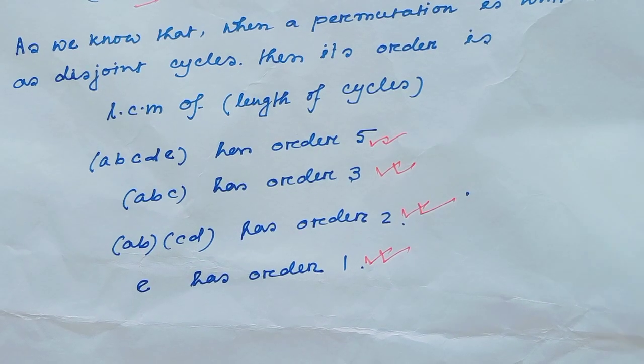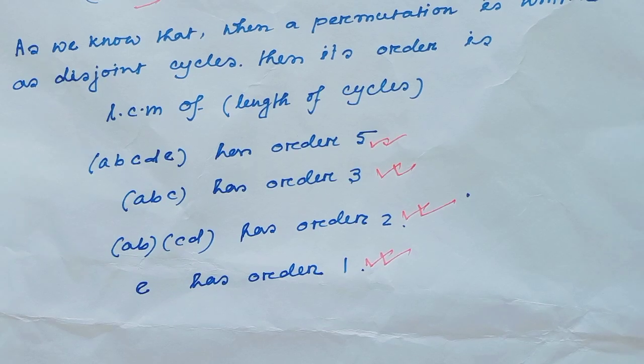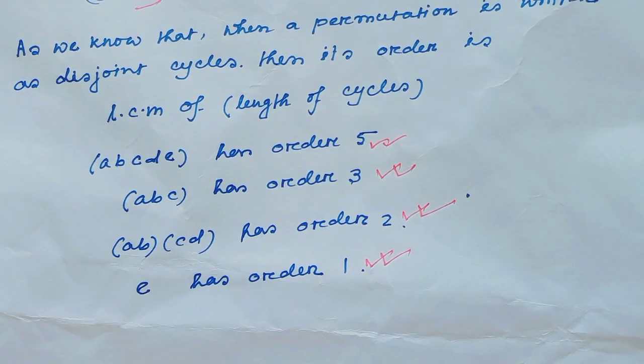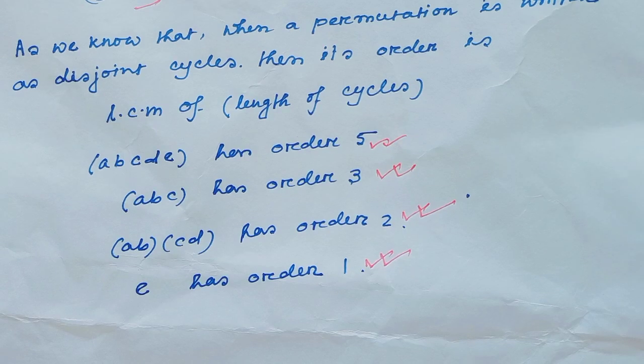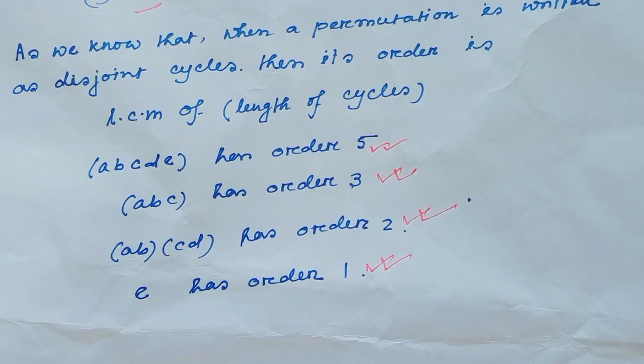Means in A5, there are elements of order 5, order 3, order 2 and order 1.